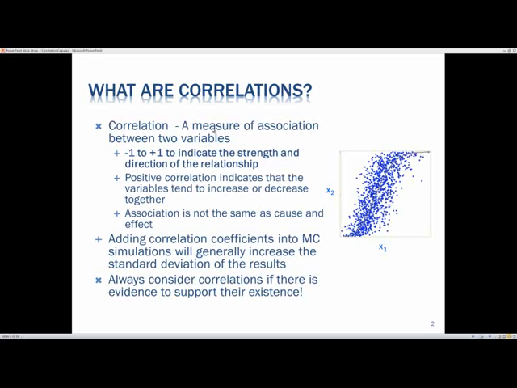So if it's a positive relationship, they both move in the same direction, and if it's a negative relationship, they go in separate directions. Correlation is really important in Monte-Carlo, and if you don't do it, it could really skew the results of the model. You have to think about it and try to calculate it empirically or get some sort of expert assessment.